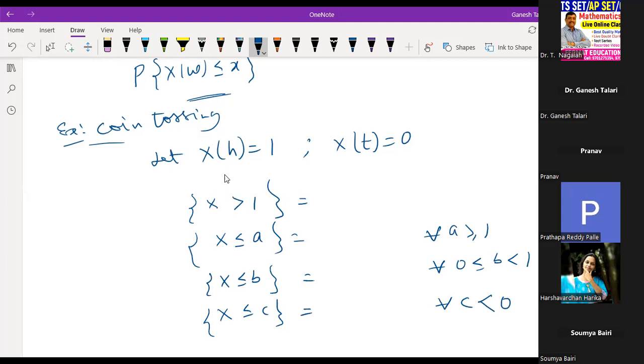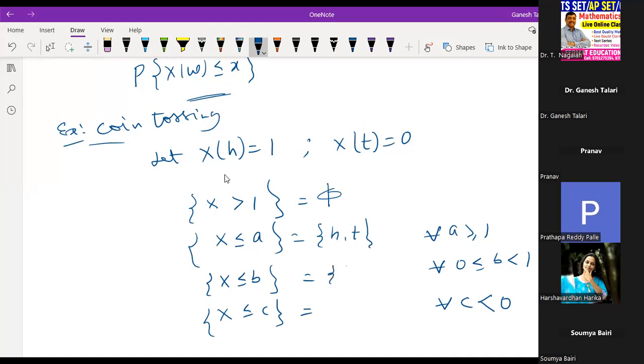For the first one, X greater than 1: your random variable never is greater than 1, so simple, it is 0. X is less than or equal to a, where a is greater than or equal to 1. What does it mean? X is less than or equal to 1 here. So what are the possibilities here? H comma T. And here X is strictly less than 1, means that it won't be coming to here.